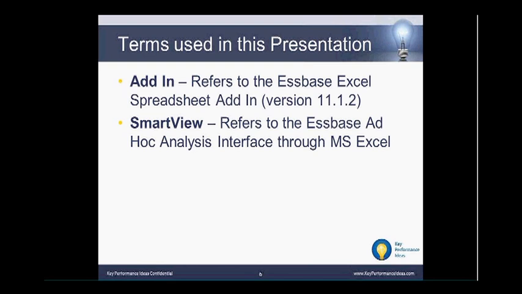And on the SmartView side, I'm specifically referring to the ad-hoc analysis interface through MS Excel. SmartView is a much broader tool that allows the import of Hyperion data into all MS Office products, including Excel, PowerPoint, and Word. You can even import it into Outlook if you want to.